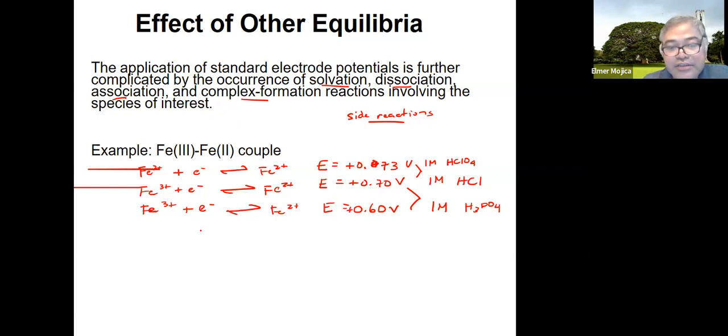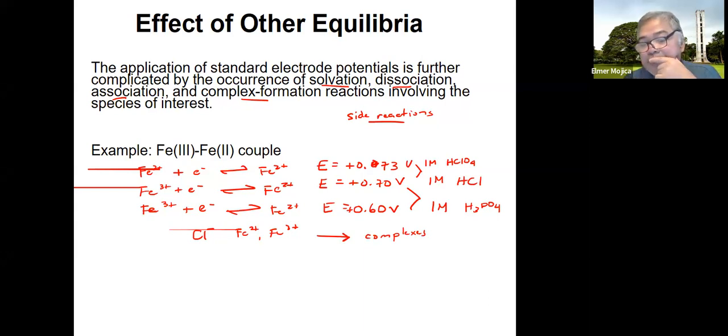Maybe the Cl- can react with Fe2+ and Fe3+ to form what? Complexes. And this would affect the net activity of the electrode. So remember, we're talking here about the activities, not the concentration, that affect the standard electrode potential.